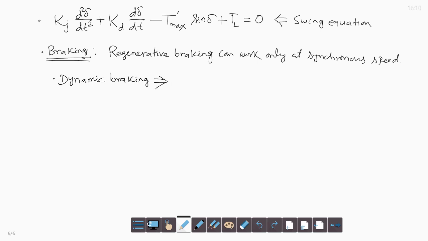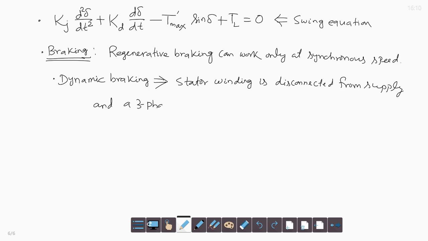In dynamic braking, the stator winding is disconnected from the 3-phase supply, and a 3-phase resistor is connected across the stator.